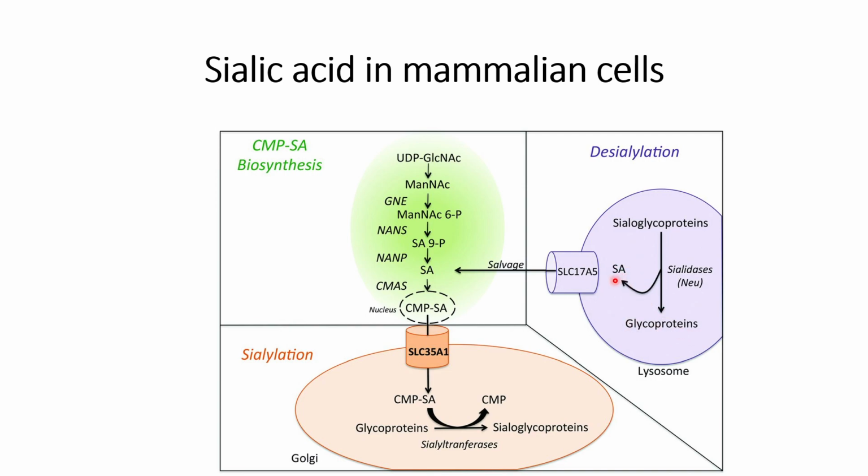The sialic acids are transferred into the cytoplasm through the transporter SLC17A5, and from here the sialic acids accumulate in the cytoplasm.